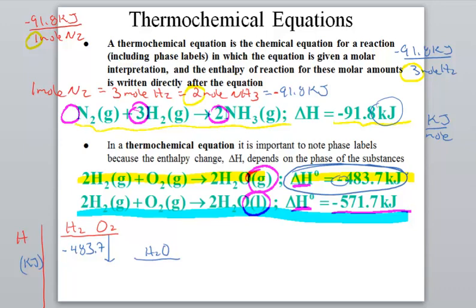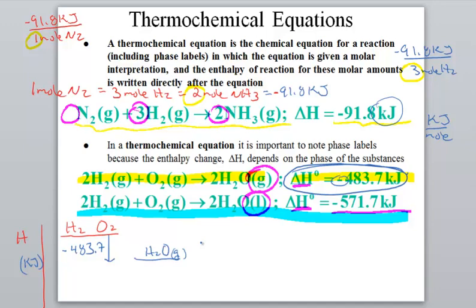The liquid, well, if water goes from a gas to a liquid, maybe we should write G right there because it's a gas. The liquid is at a lower enthalpy state. And you can think about that. If you had gaseous water and it condensed into a liquid, energy's released.